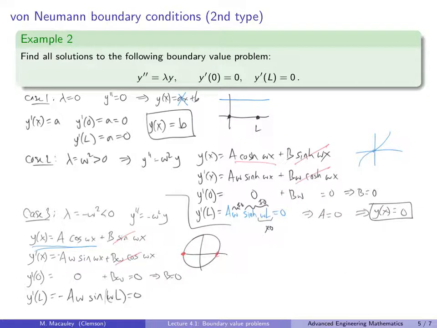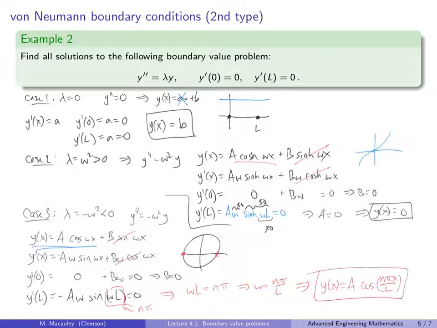So we get that omega L equals n pi, which means that omega equals n pi over L. And so now our final solution is this cosine term. So it is y of x equals a cosine of n pi x over L.